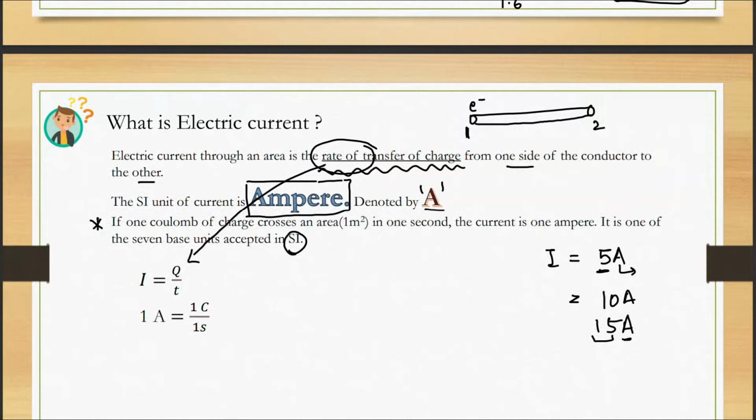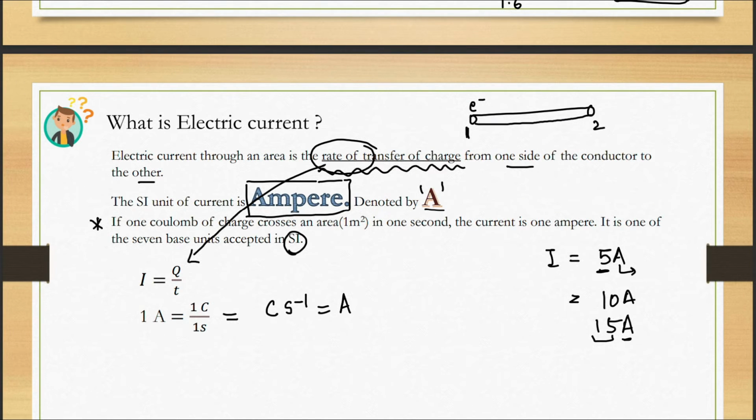Because we know Q can be calculated in terms of coulombs, and the SI unit of time is second, that will be 1 coulomb by 1 second. And yes, this coulomb per second is the ampere.